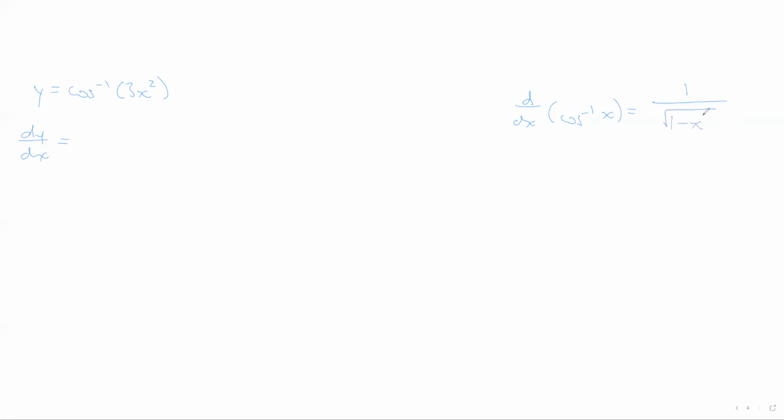It's actually very similar to arc sine, except for it's negative. Yeah, so 6x over 1 minus 9x to the fourth, right?